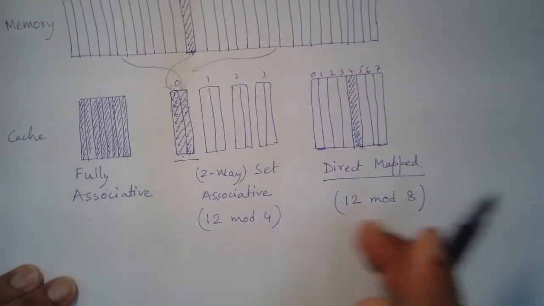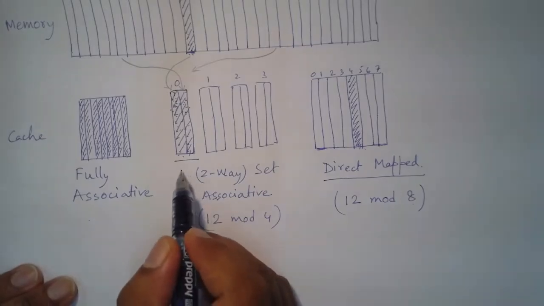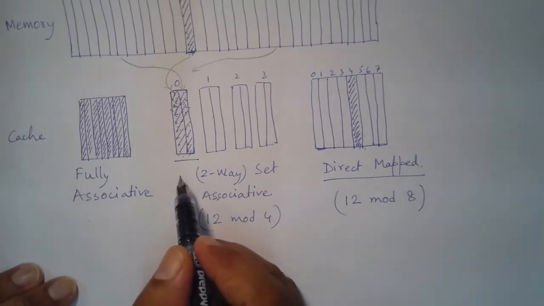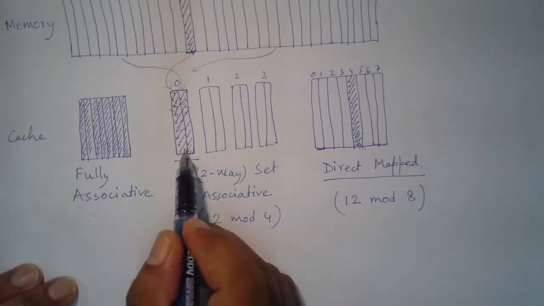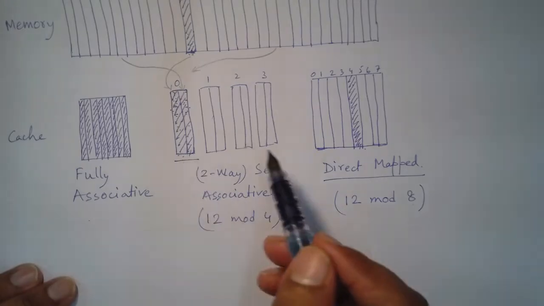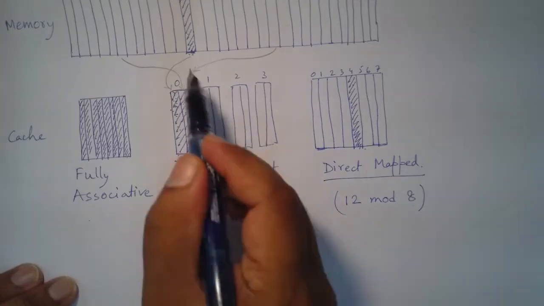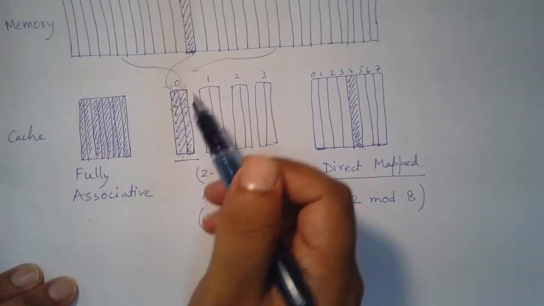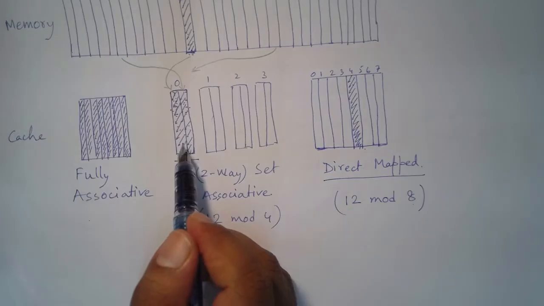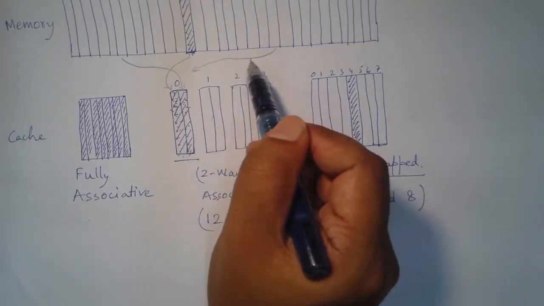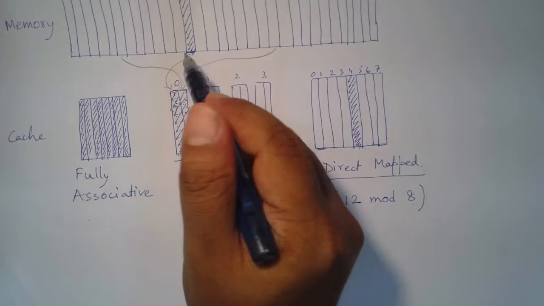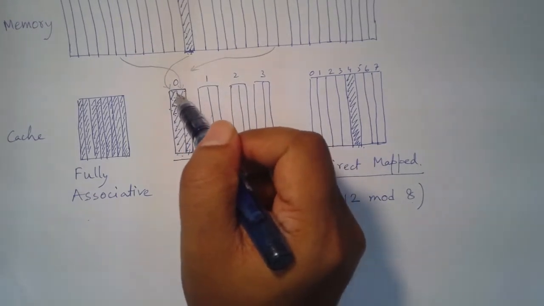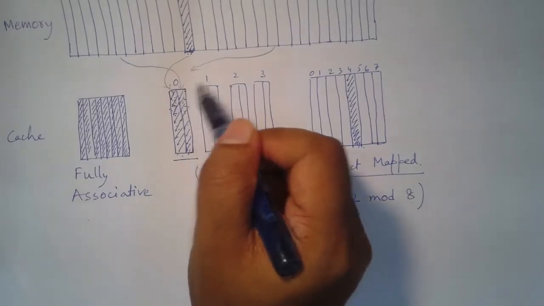So, let us say in the previous example, as we discussed, I have this 2-way set associative cache. As we understand, in a 2-way set associative cache, in one set we can put two blocks. So, let us say I need to work with block number 12 and block number 4. I can put them here. But now, if block number 20 is also required, then since all these are supposed to come in set 0, we will not have space to put block number 20.